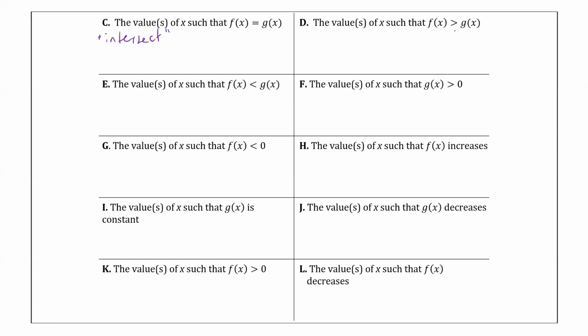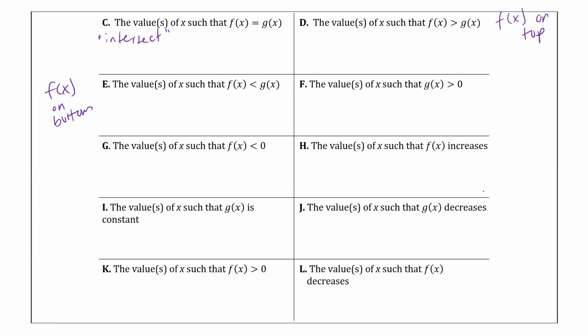So if I'm looking for when f of x is greater than g of x, I'm asking when is f of x on top? Make sense? All right, then if that means on top, this means I'm looking for when f of x is on the bottom.